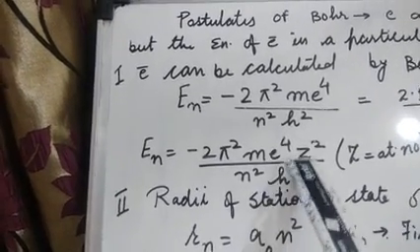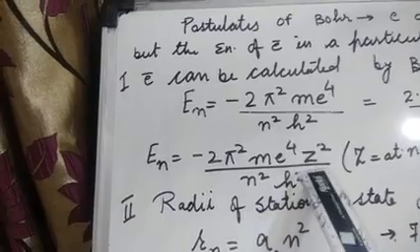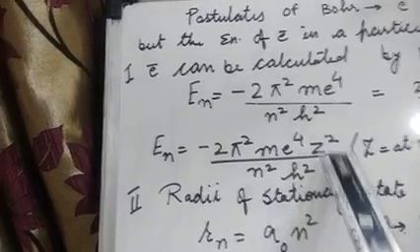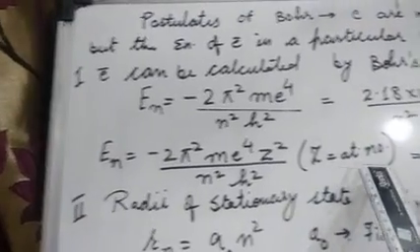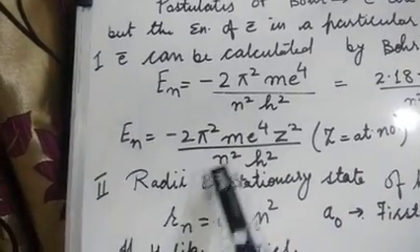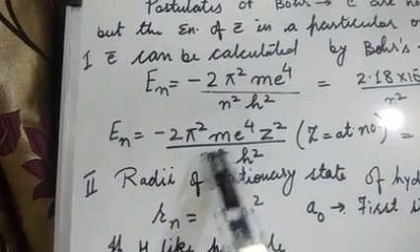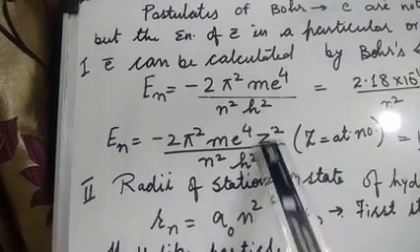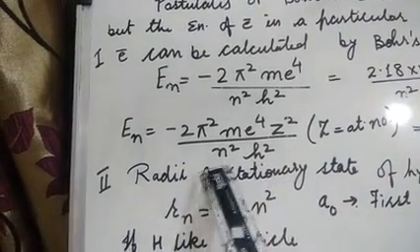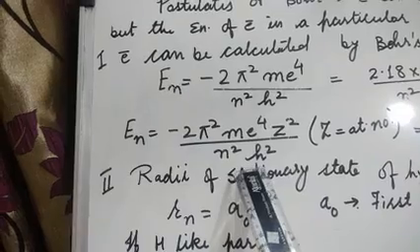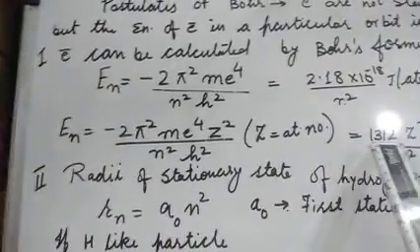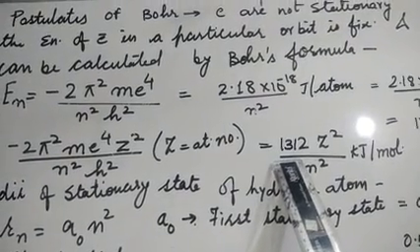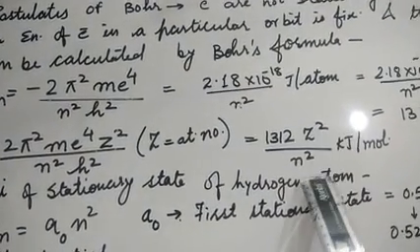So here Niels Bohr introduced a factor, the Z factor, which denotes the atomic number. So the remaining formula is the same, minus 2 pi square m e to the power 4 Z square, Z being the atomic number, upon n square into h square. And on keeping all the values in terms of kilojoule per mole, the formula will be 1312 Z square upon n square.